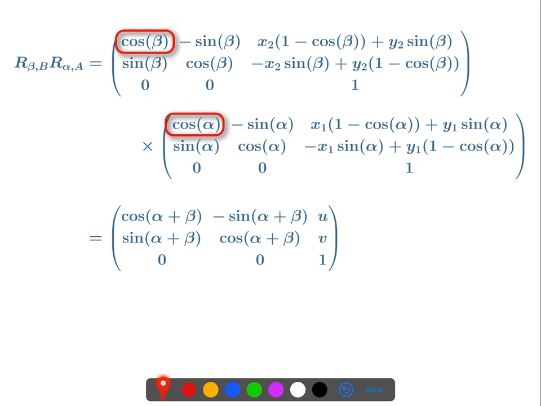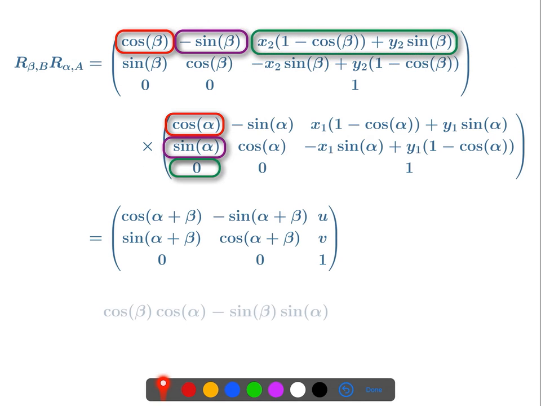So we begin by taking the first row and the first column to get the first row and column of this product. So I'm going to take the dot product of this with this. So I've started, I'm going to have cosine of alpha times cosine of beta minus sine alpha sine beta, and then plus 0.